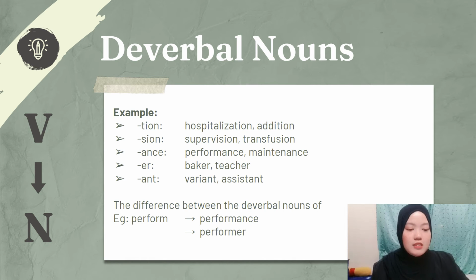And also the suffix er: bake, baker; teach, teacher; lecture, lecturer. And the suffix ant: vary, which is a verb, to variant, which is a noun; assist, assistant. However, in this component, we should note the difference between the derivable nouns of certain words. For example, from the verb perform, we can derive two nouns, performance and performer.